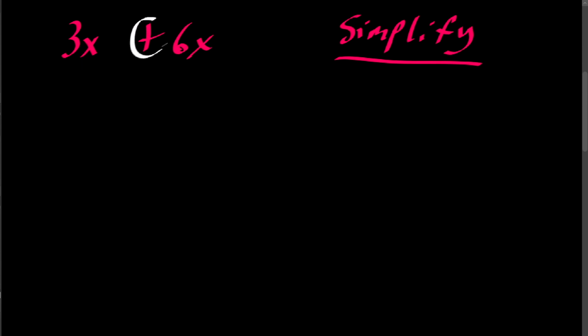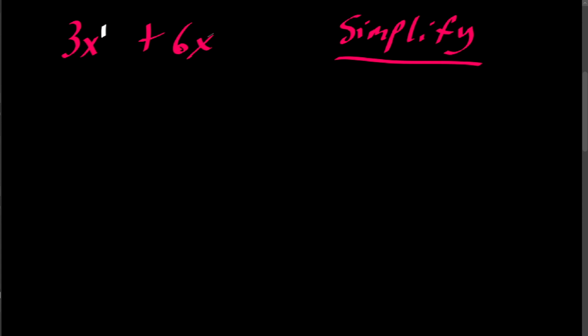Remember, terms are broken up by adding and subtracting, so there are two terms here, 3x and 6x. Yes, they both have an x. Do they have the same exponent? If x is by itself, what's the understood exponent? It's actually 1. X to the first power we can just write as x.